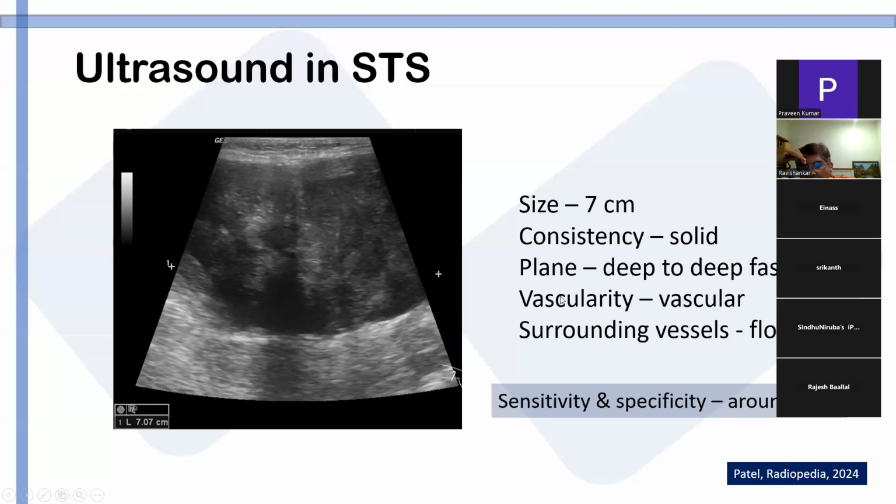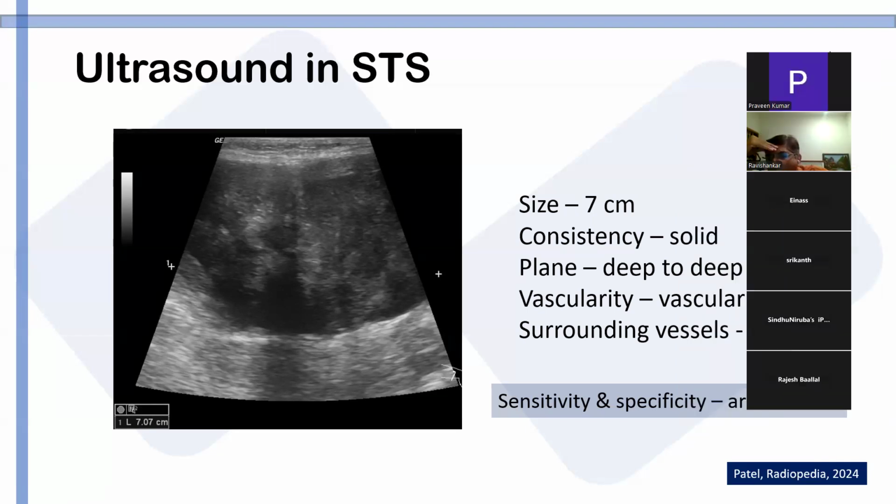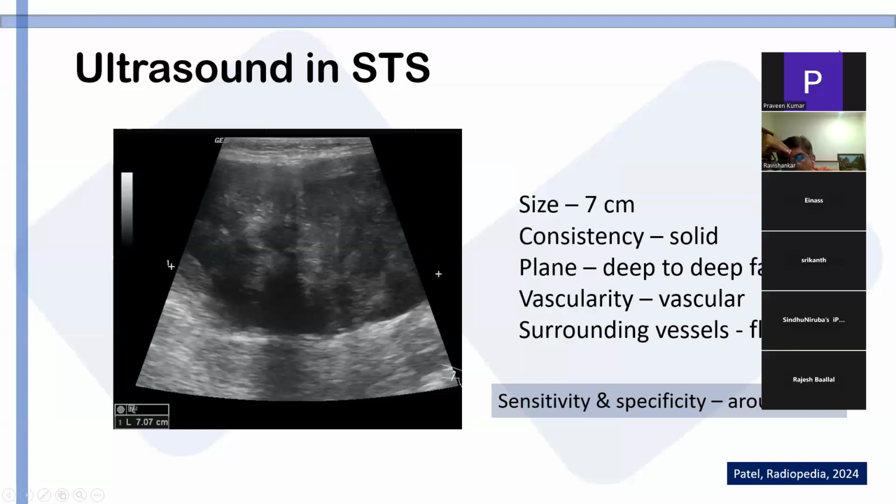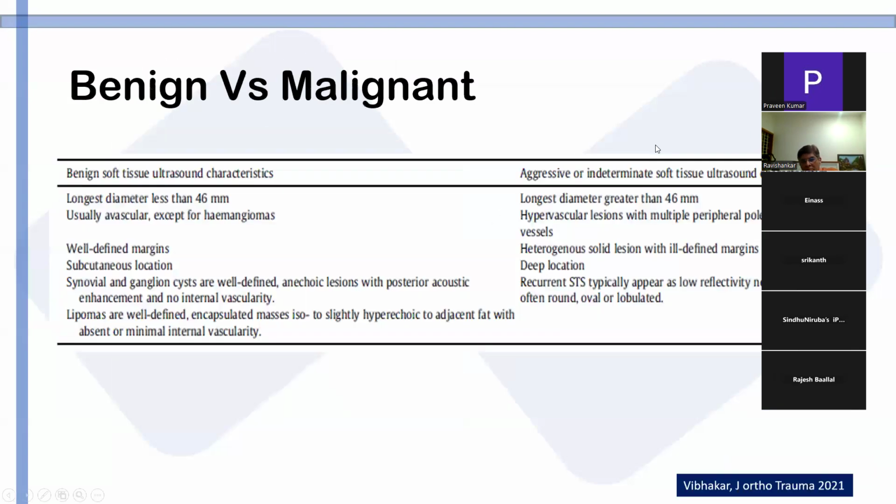As you quite rightly said, sensitivity is not very high, about 70%. In this ultrasound, the sonologist reported a 7-centimeter lump, which is solid, deep to the deep fascia, vascular, with normal flow in the adjacent neurovascular bundle. So even though ultrasound can be done as an initial test, MRI is probably the investigation of choice.